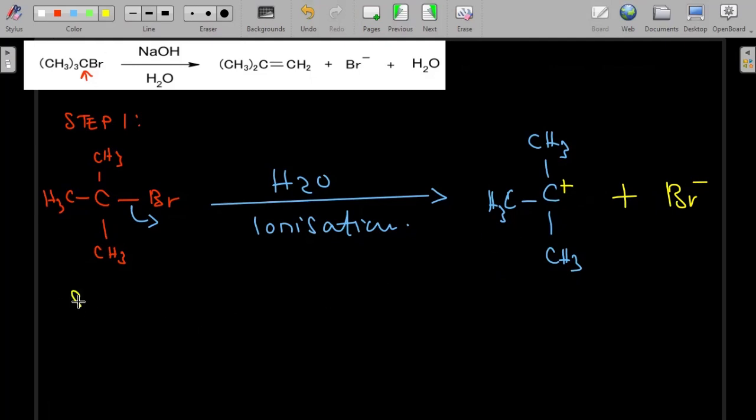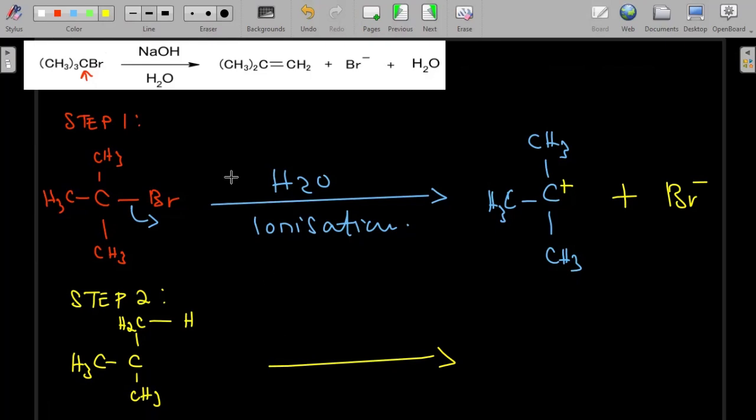Okay, and then after that, we go to step 2 now. So step 2, what is going to happen? Okay, so in step 2, I'll write this guy in a very deliberate way. So it will be like this. And then on top here, this is CH3, but I'll write it as CH2 bonded to another H here. Okay, and then I'll write an arrow here. So now remember in this reaction, we had NaOH there.